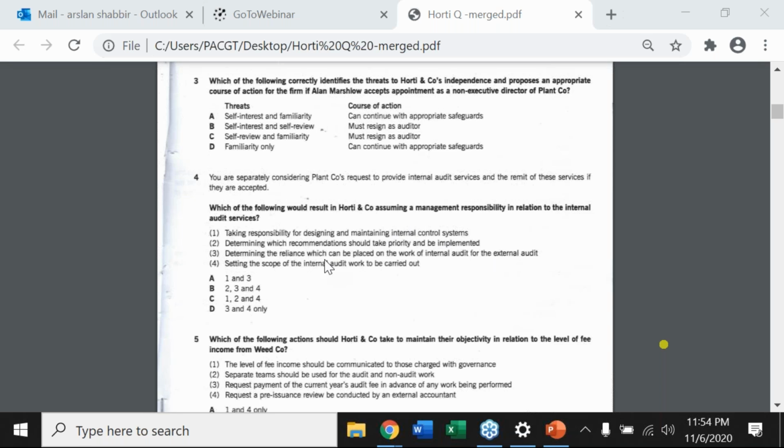These three functions, options 1, 2, and 4, are functions which the internal audit department carries out. Number 3 is not a function of the internal audit department. This is totally a wrong option. If the internal audit department determined the reliance for the external audit, how would the external audit do their work?